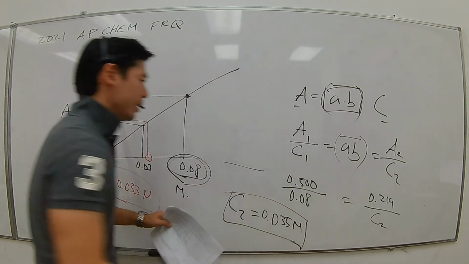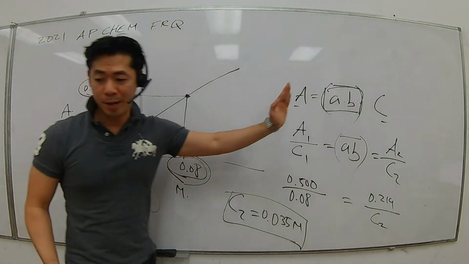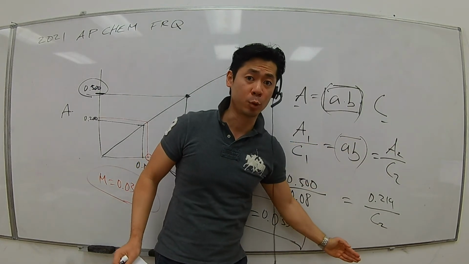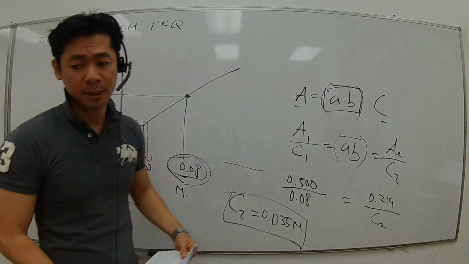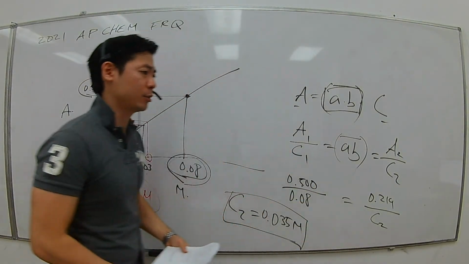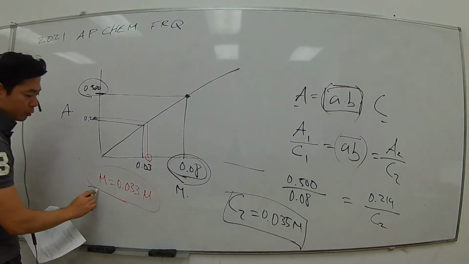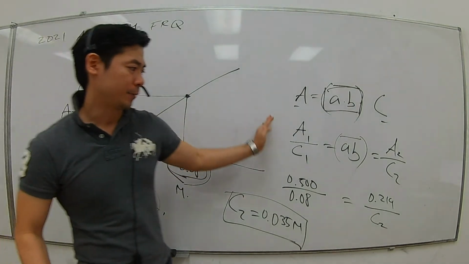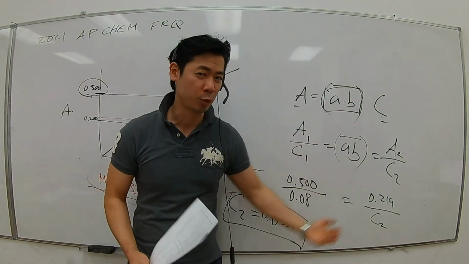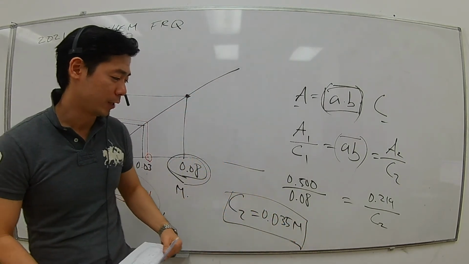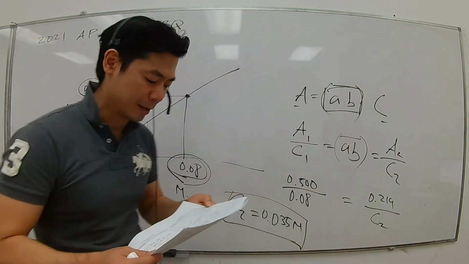I think this is a better approach than estimation from the graph. I don't think you'll get the question wrong based on estimation from the graph, but if you show this work based on Beer's law, it will give a little more accurate numerical value for the concentration for part F.